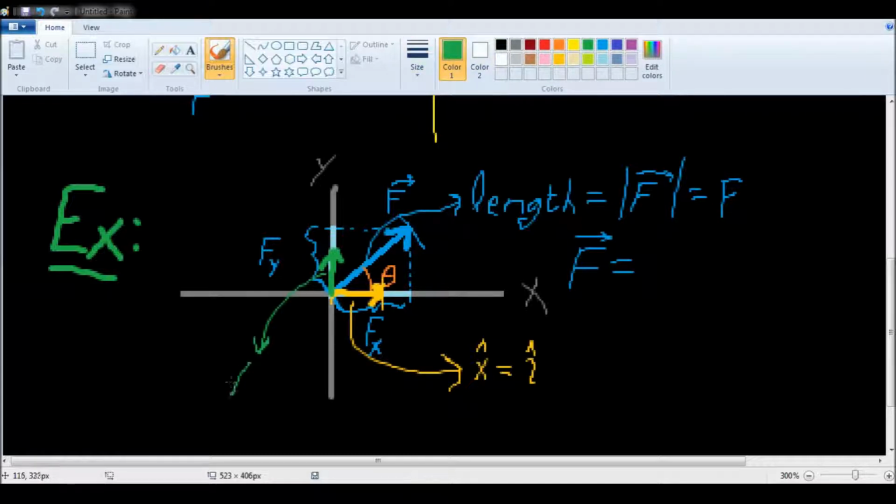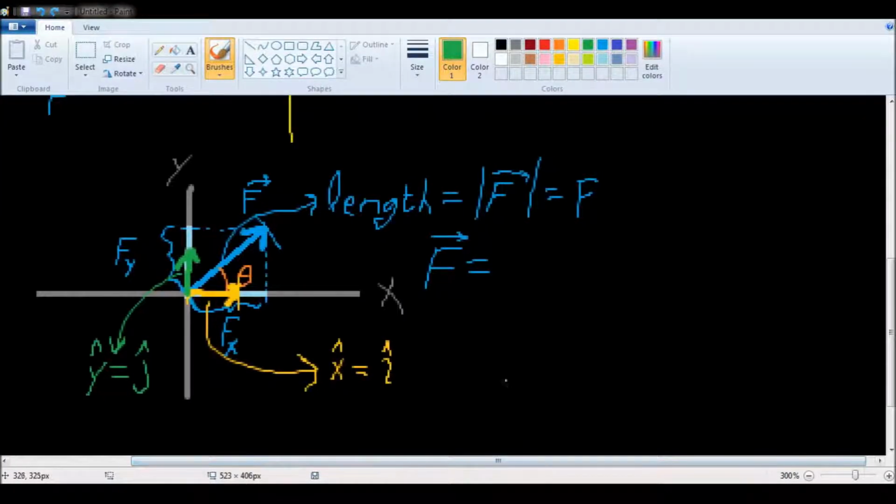This would be y hat, which can also be written as j hat. This is just a way to denote a length along a specific one of the coordinates, either the x or the y, or if you have a three-dimensional system, then along the z.